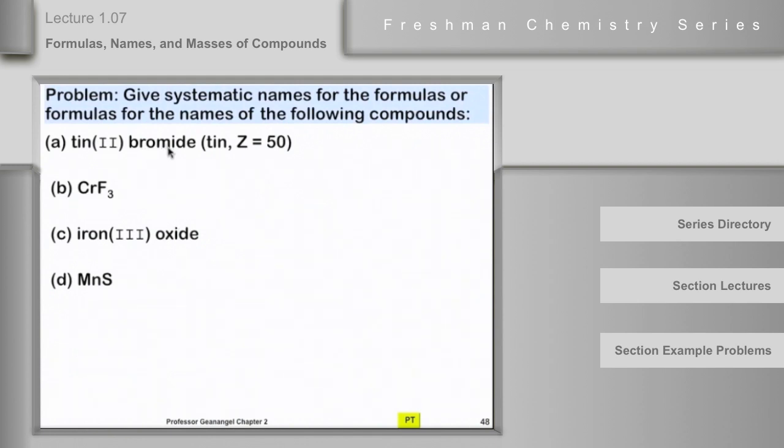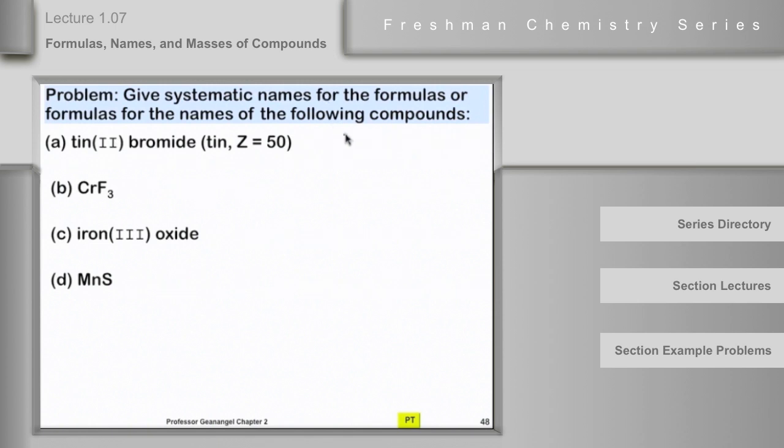Tin 2 bromide, tin Z is equal to 50. The 2 tells us that in this ionic compound, tin has what charge? +2, or 2 plus. So if that's the case, how many bromides will it take to form a neutral formula? It would be 2, won't it?